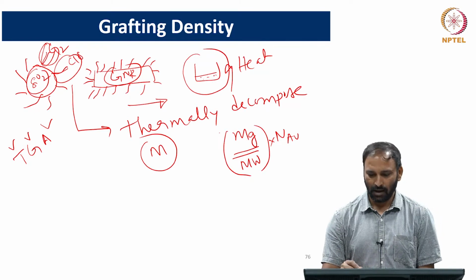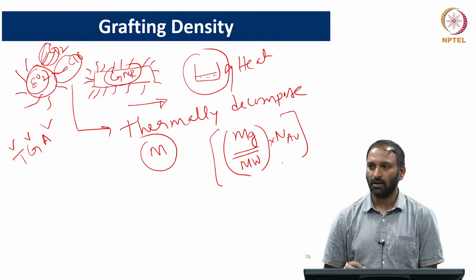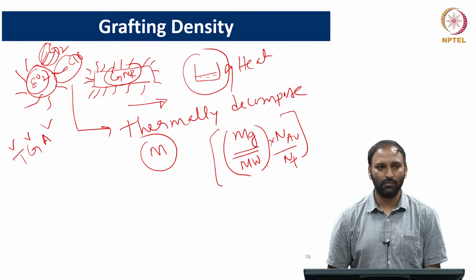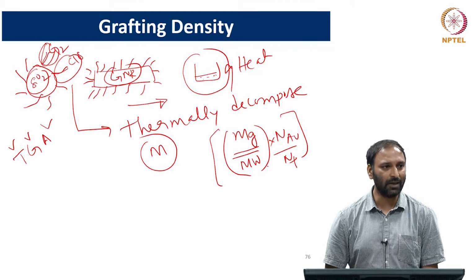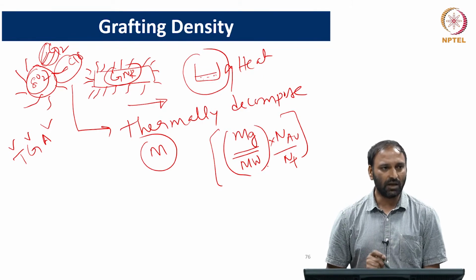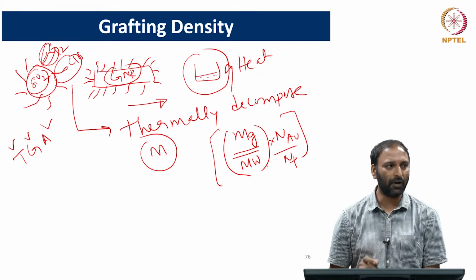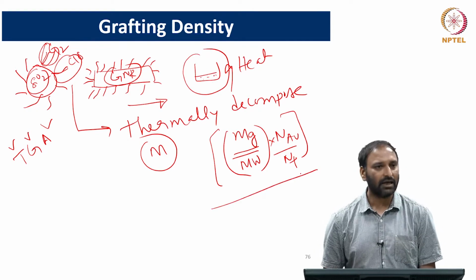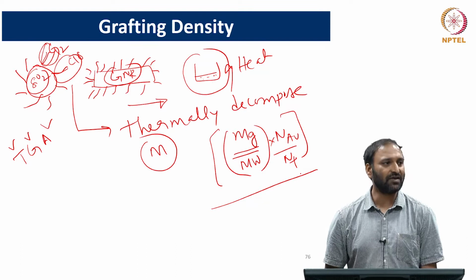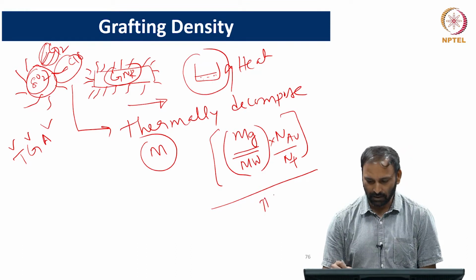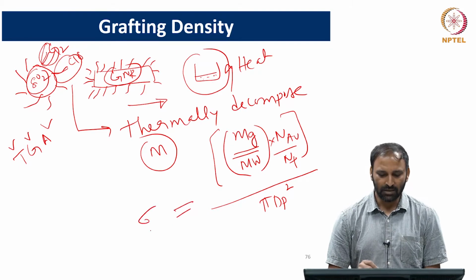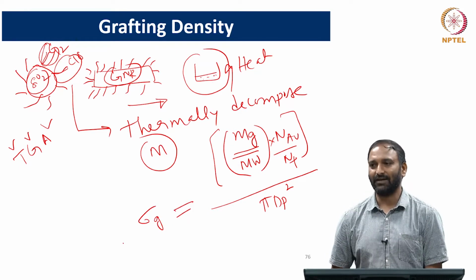I divide this by the number of particles in the sample, which gives the number of grafted molecules per particle, and that divided by the surface area, pi dp square for a spherical particle, gives sigma g, the grafting density.